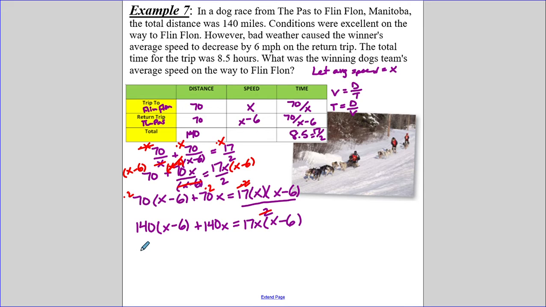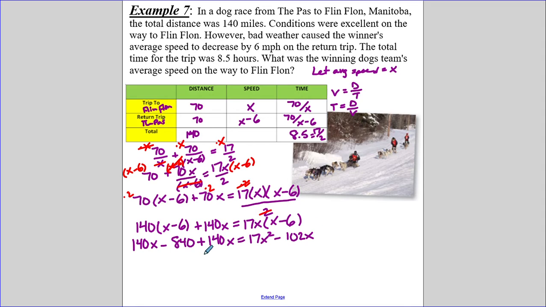In my next line, I've got 140x minus, and then 140 times 6 gives me 840. You definitely need a calculator for this part. Plus 140x is equal to 17x times x, which is 17x squared, and 17x times negative 6 gives me negative 102x.